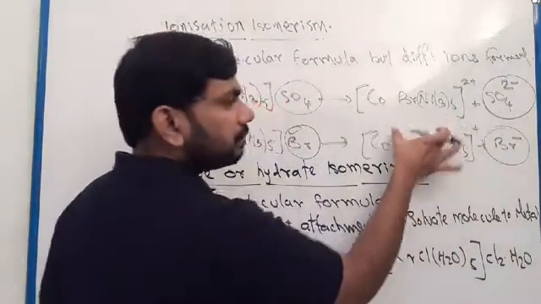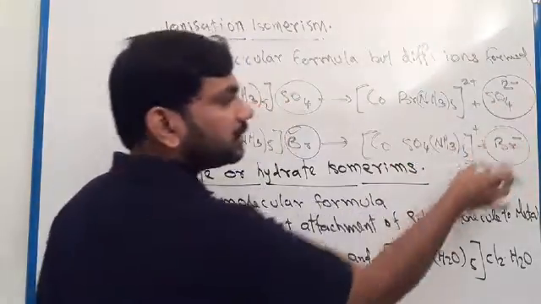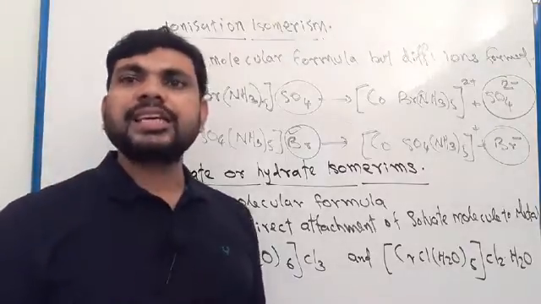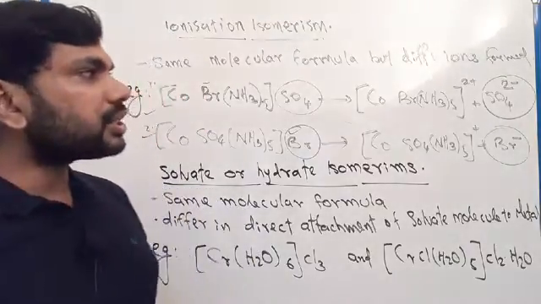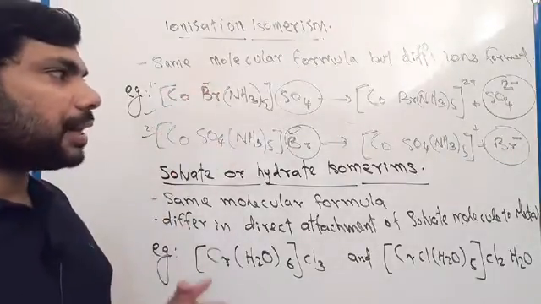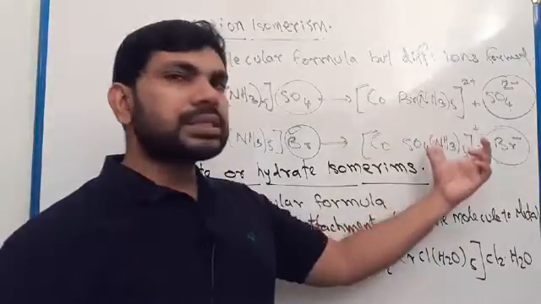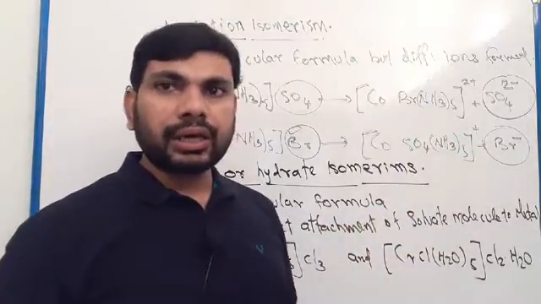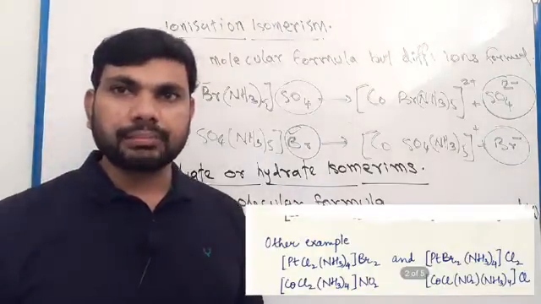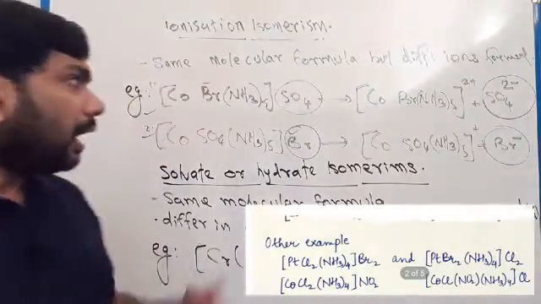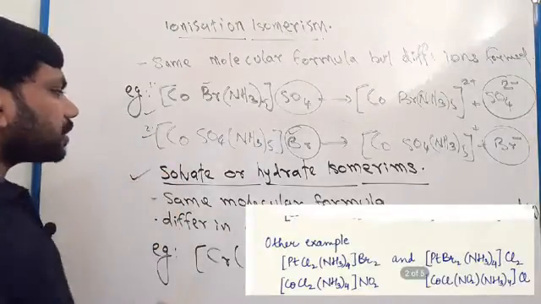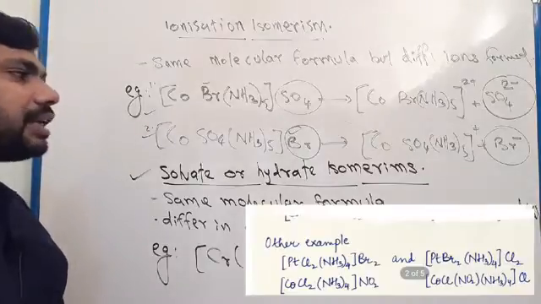This type of isomerism is called ionization isomerism. It means molecules have the same molecular formula, but they form different ions after ionization. You can also see more examples for ionization isomerism. Clear?